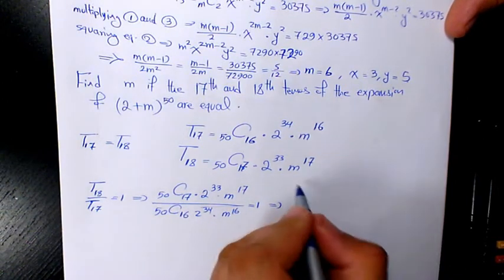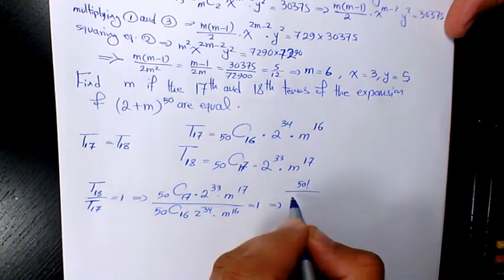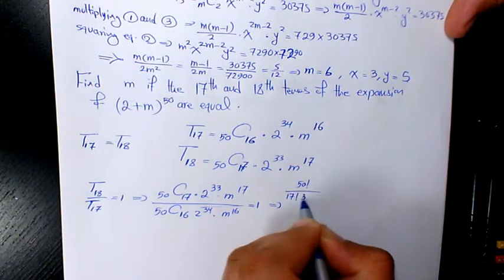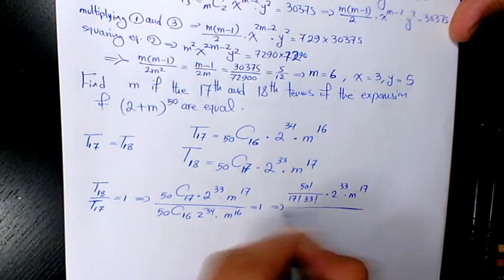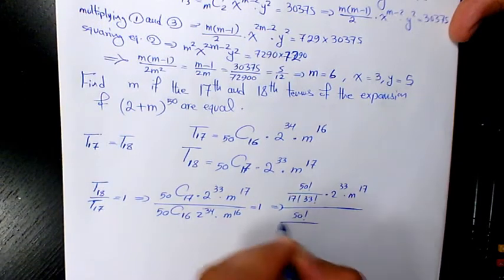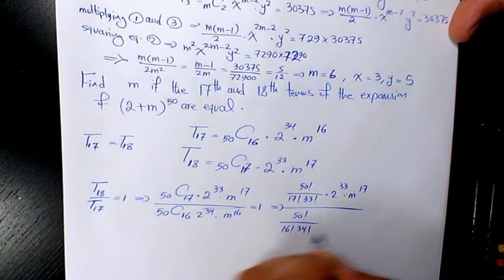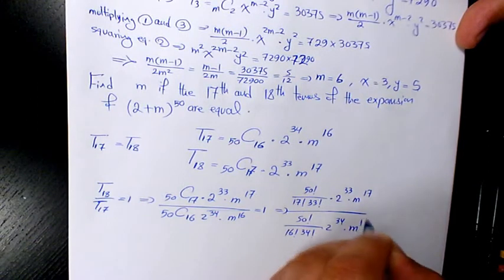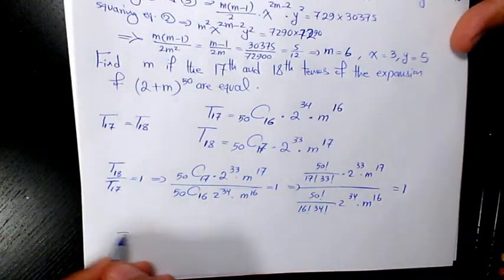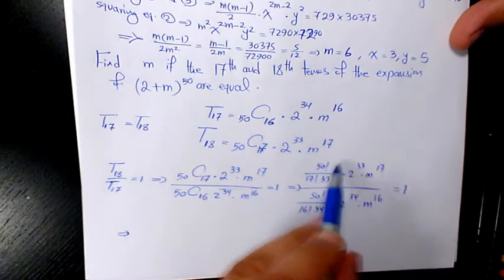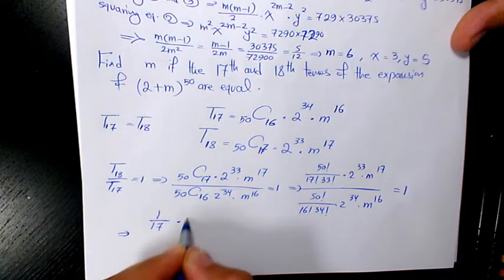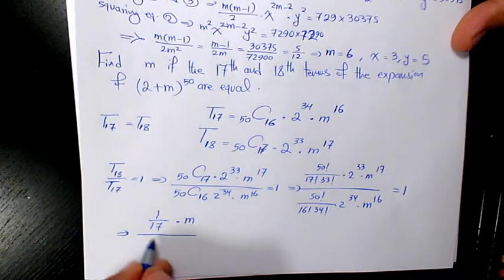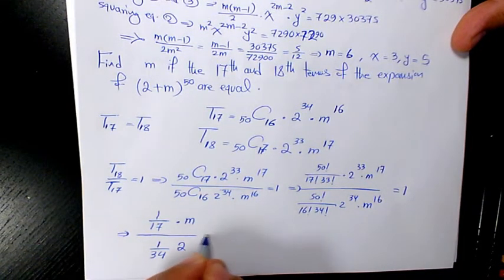So that's going to be 50 factorial over 17 factorial, 33 factorial times 2 to the power of 33, m to the power of 17, and here we have 50 factorial over 16 factorial, 34 factorial, 2 to the power of 34, m to the power of 16 equals 1. So 50 and 50 cancel out, and we have 1/17 m over 1/34 times 2 equals 1.